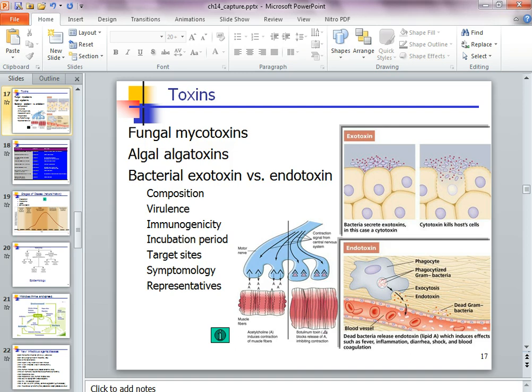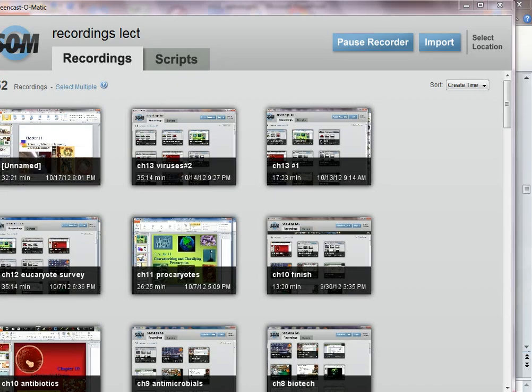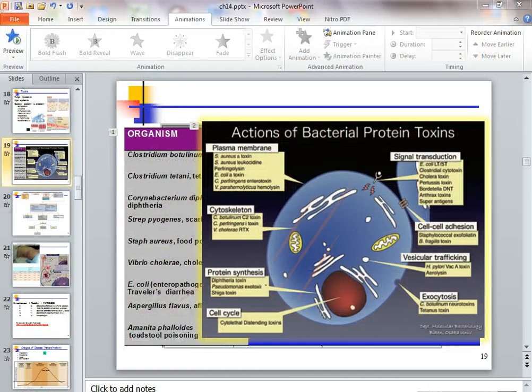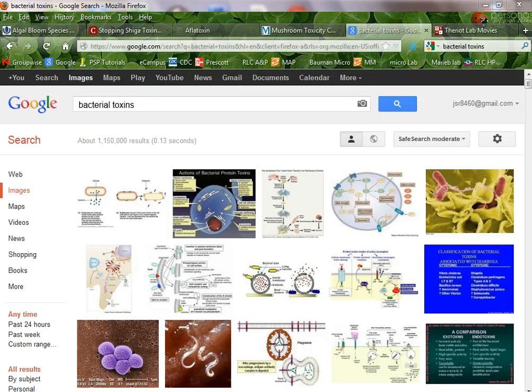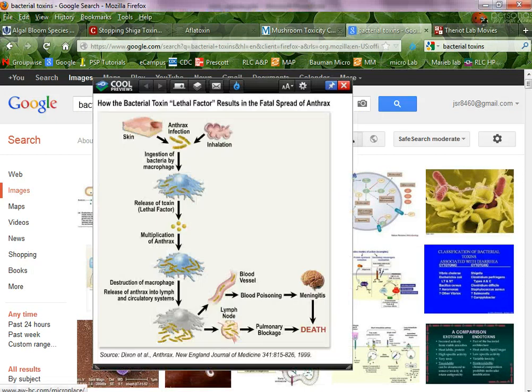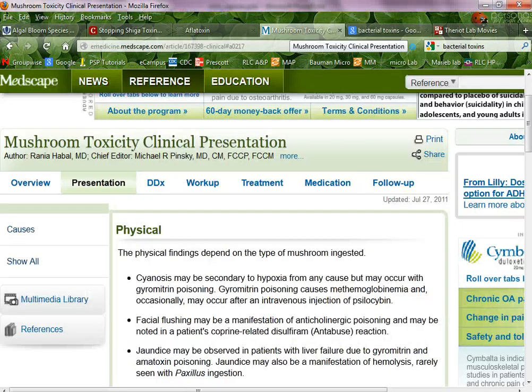Toxins are poisons. They're made by a wide variety of organisms. They may be fungi, they can be algae, they can be bacteria. Let me take you over to a couple of websites here. So here's a look at mushroom toxicity.